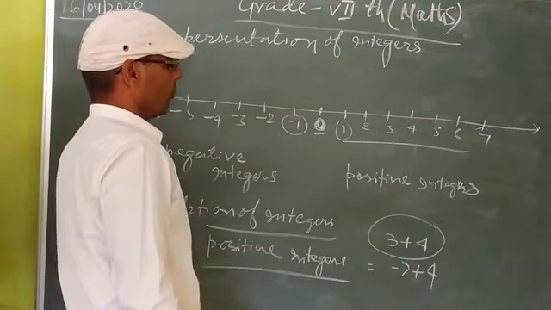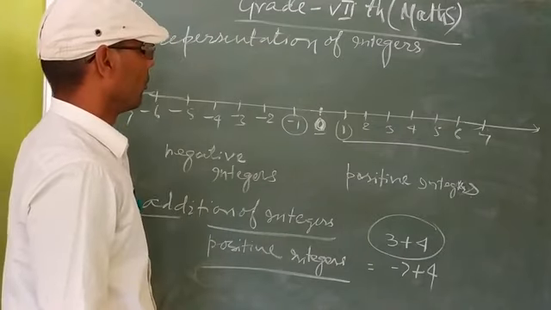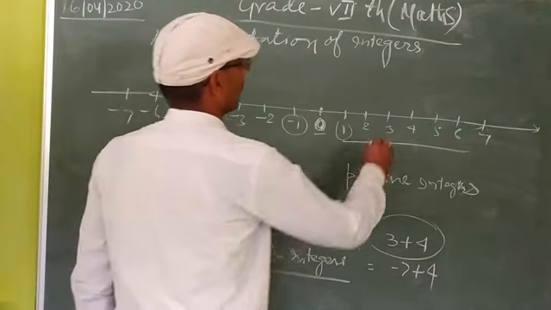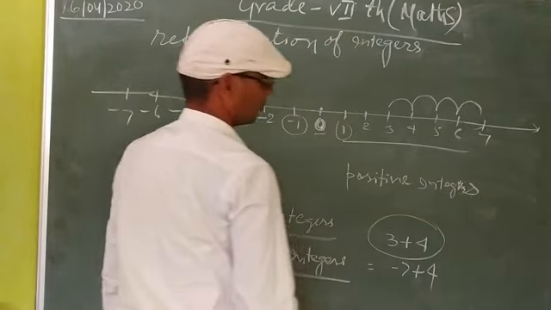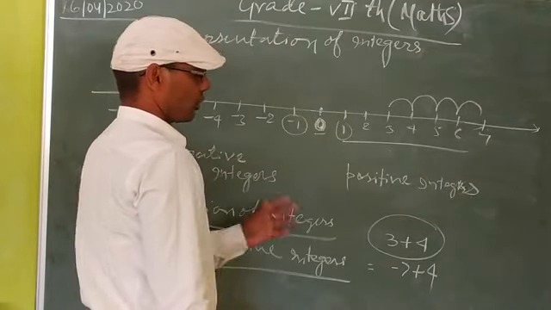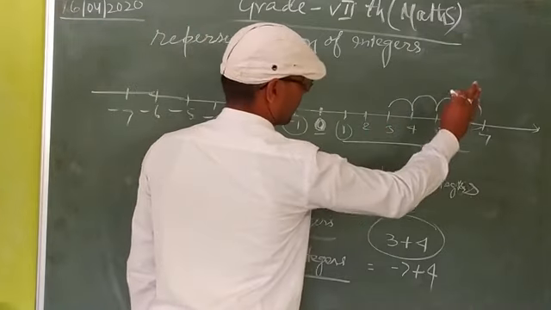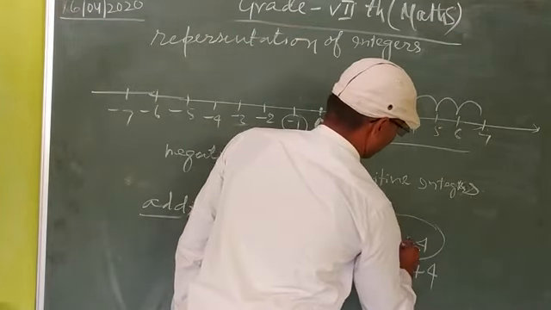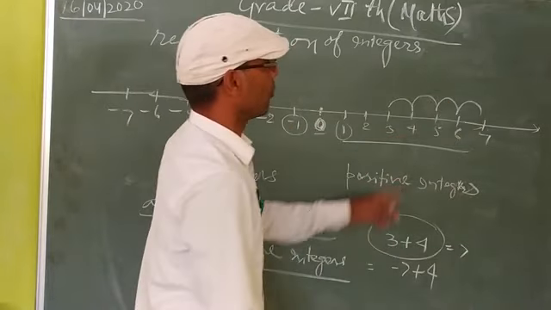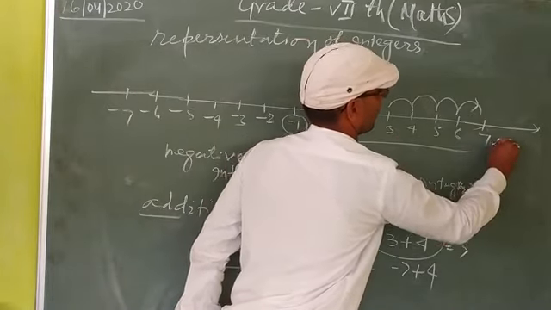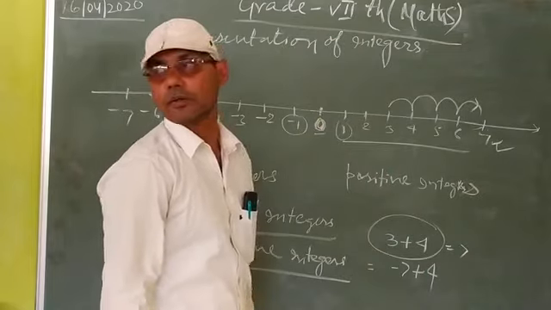We will move to the right side: 1, 2, 3, 4. In the positive case, we move to the right side. What result comes? You know 3 plus 4 is equal to 7. On the number line, you moved here, is it?